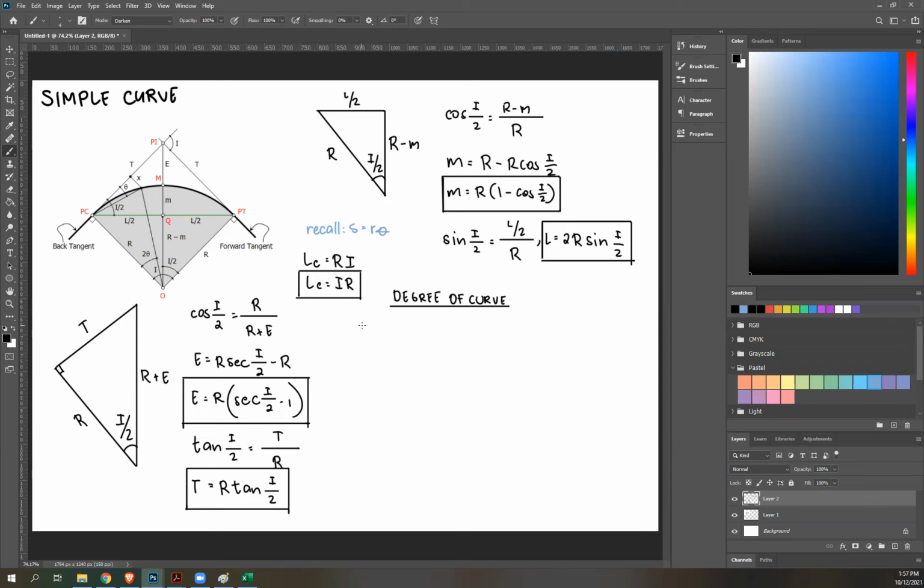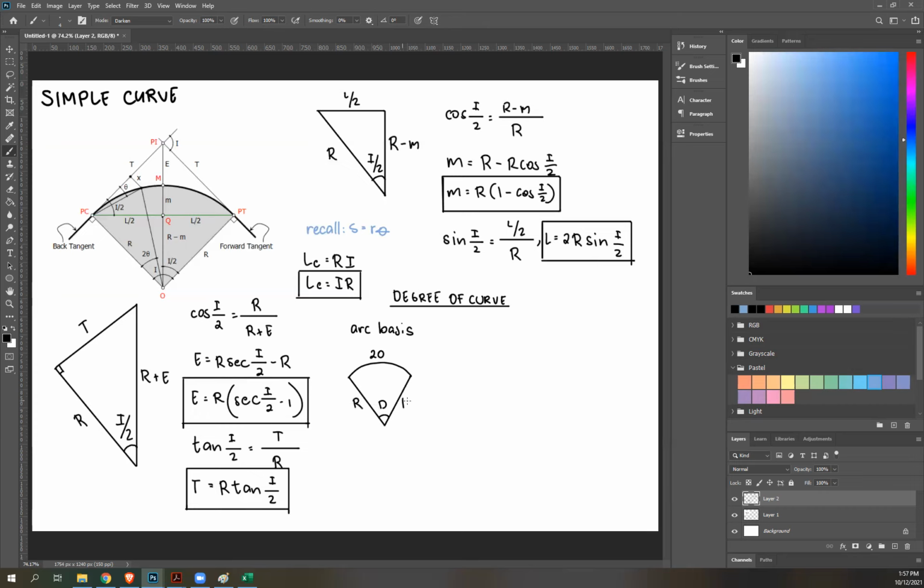Now, we have arc basis. So for arc basis, from the name itself, we consider the arc to be equal to 20. And the angle subtending at that is your degree of curve.